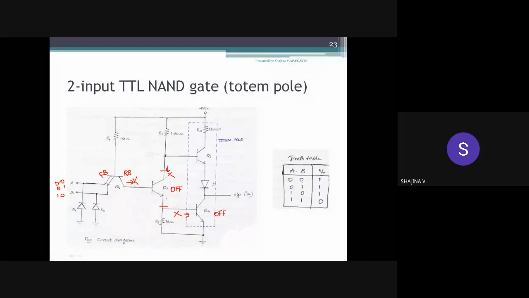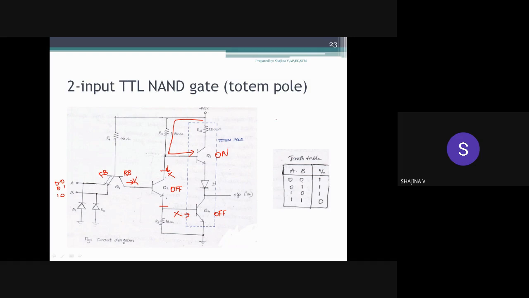So no current passing to the base means that transistor will be in off condition. And now the current from the supply voltage, that is from VCC, may flow through this path, and here this transistor is off, so there is an open path, so complete current is available to the base of the transistor Q3. As a result, this Q3 will turn on.